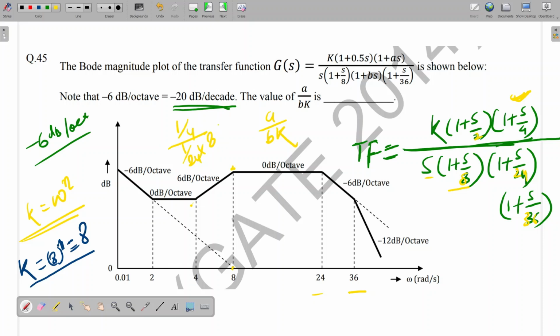So 1 by 4 by 1 by 3, that will be equal to 3 by 4. So this value will be equal to 3 by 4. If we simplify it, 3 by 4 will be equal to 0.75. This is the fill in the blanks type question. Is it clear?